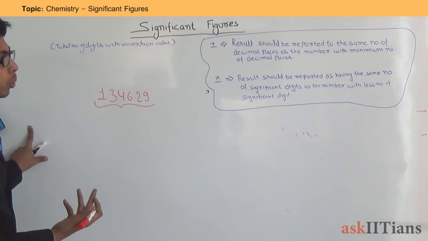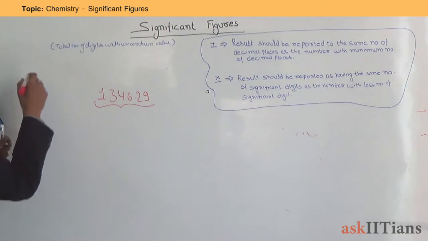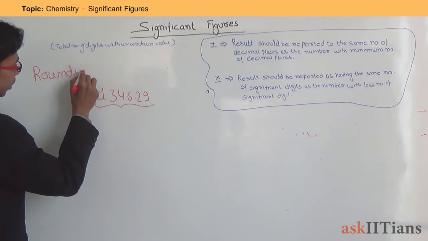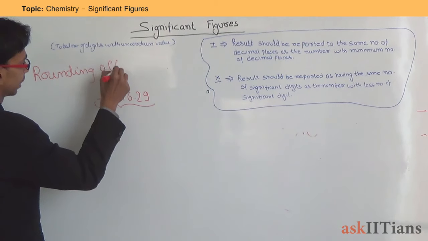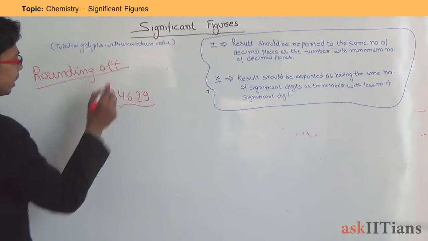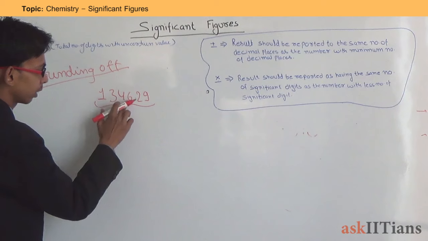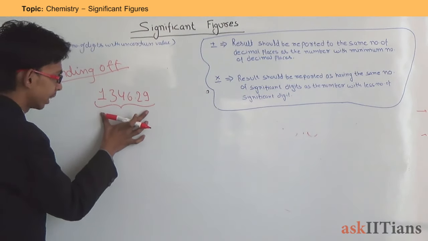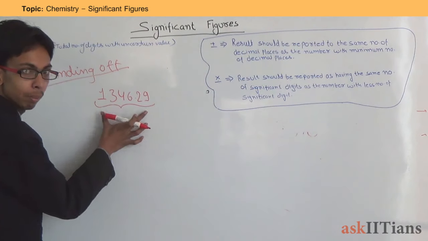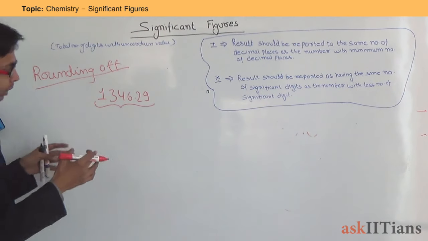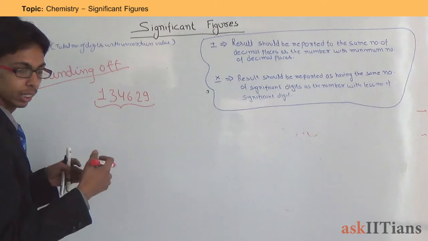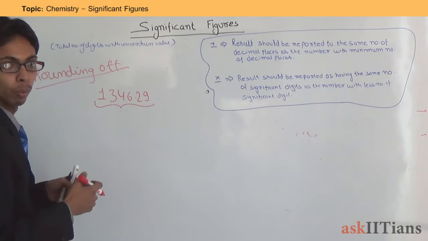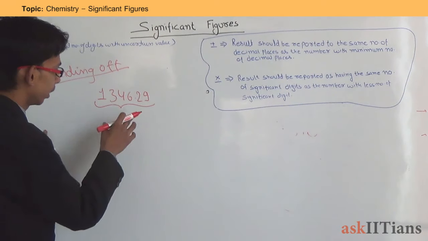But we want to round off. First let me write it. Rounding off of the significant digits. There are a total of 6 significant digits in this number, but we want to just round it off up to 5 significant digits. Then how will we do that?